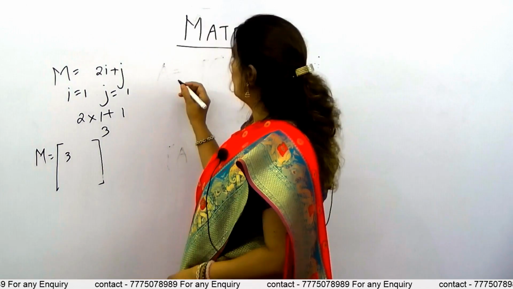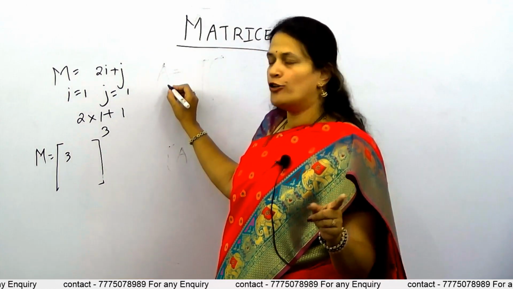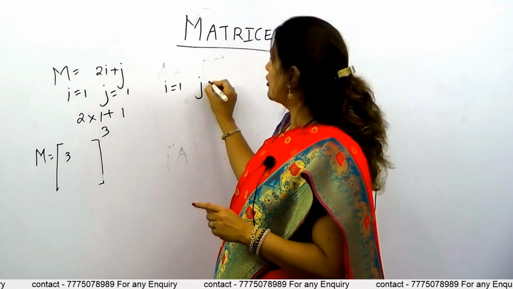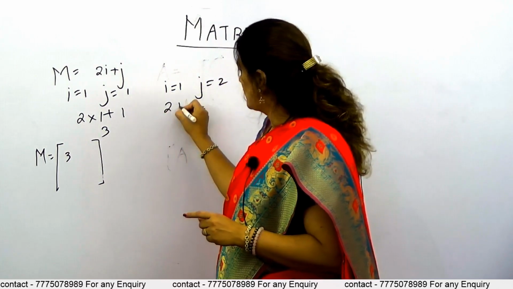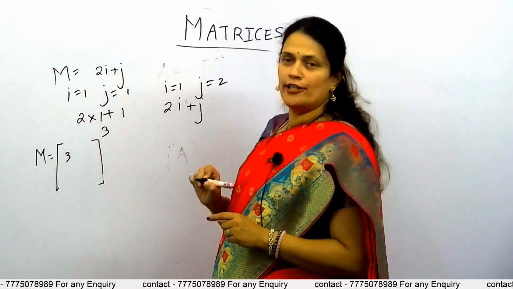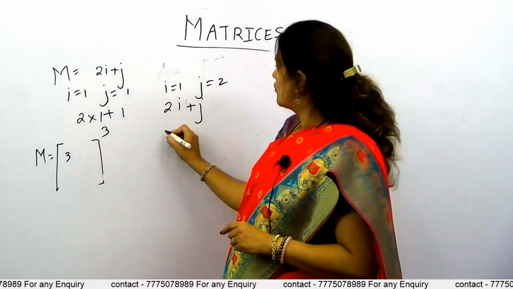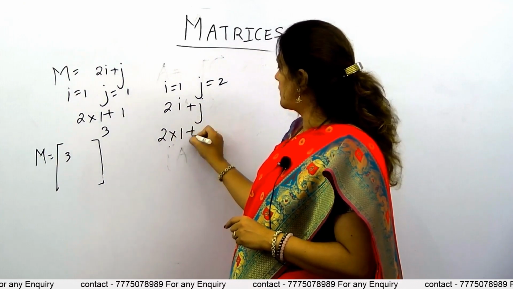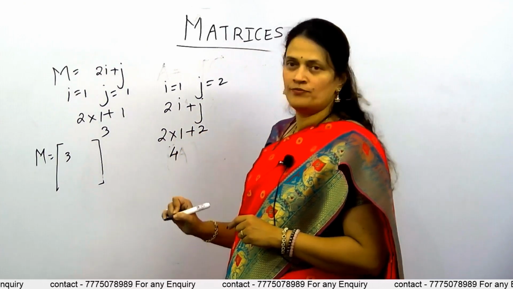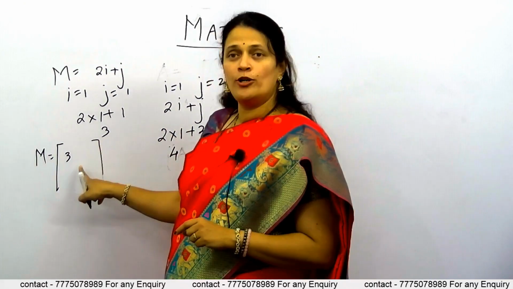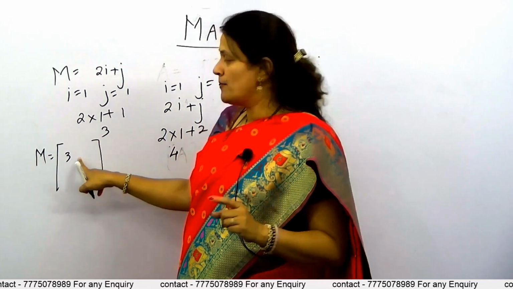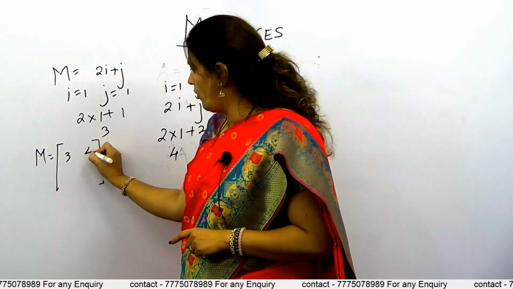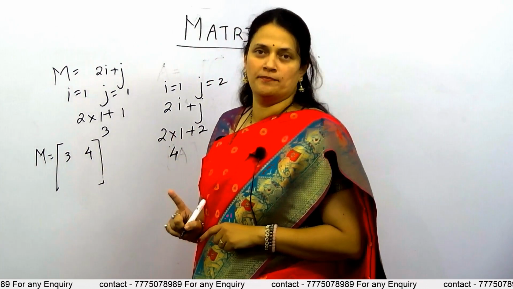So now I am going to take the value of i as 1 and j as 2, and substitute it in this particular condition which they have given to us. So 2 multiplied by 1 plus 2, that is nothing but 4. So the second element which we are going to fill in here. Why here? Because this is the first row and this is the second column.